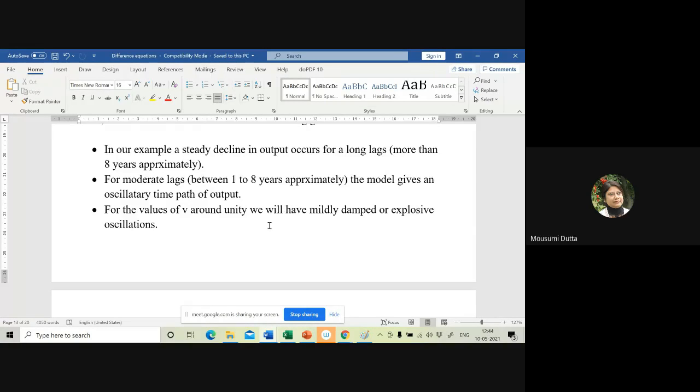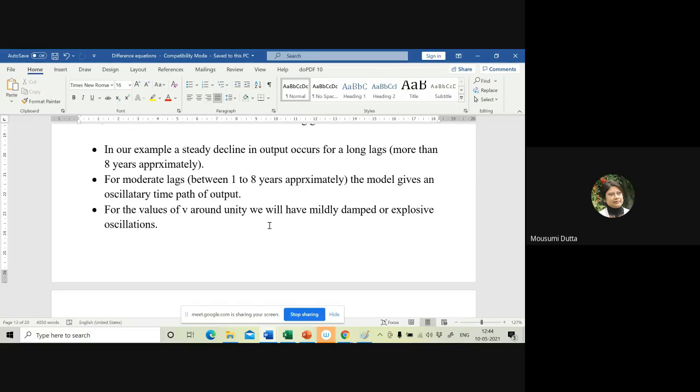In the beginning, when we are learning the things, we are always talking about the monotonic path, the oscillatory path, etc. All these analyses actually move towards the empirical investigation when we talk about time series analysis. And in the time series analysis, when we really talk about time, most of the pathways are oscillatory in nature.